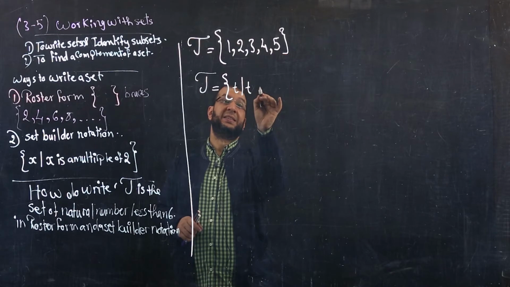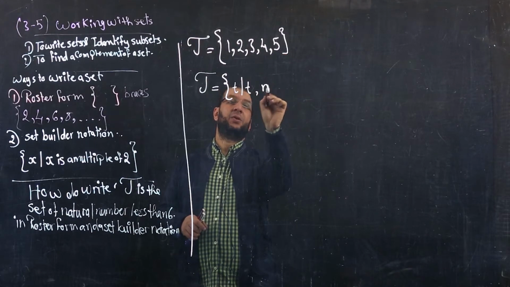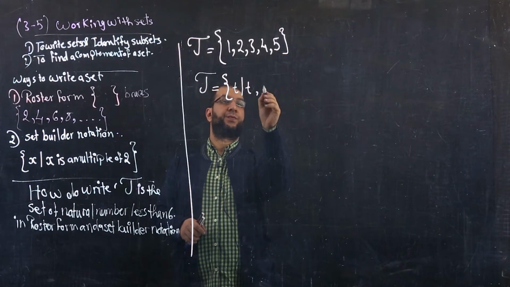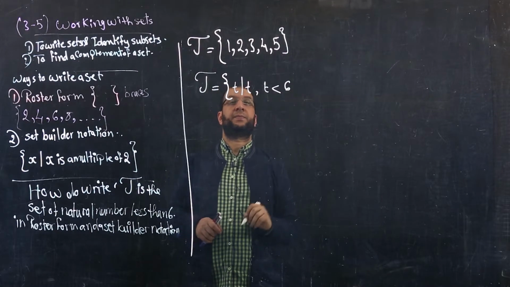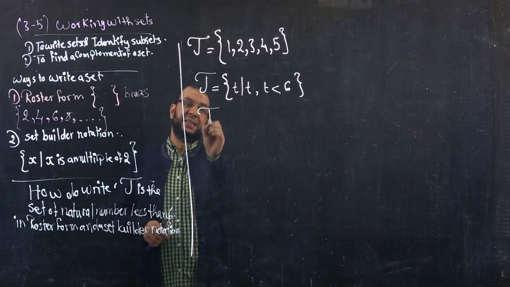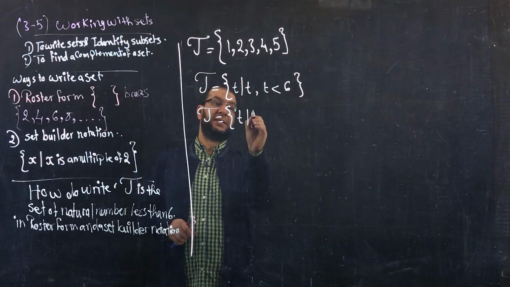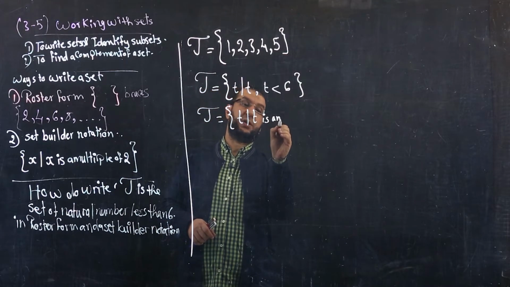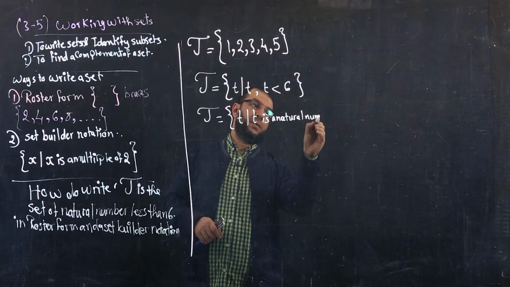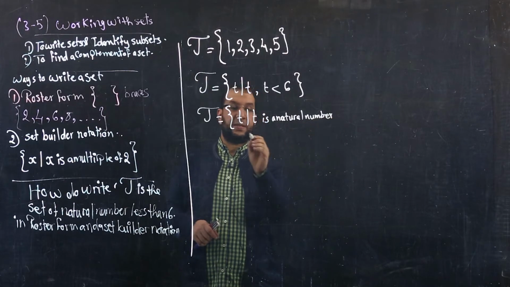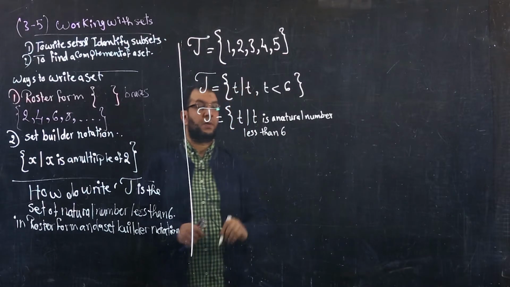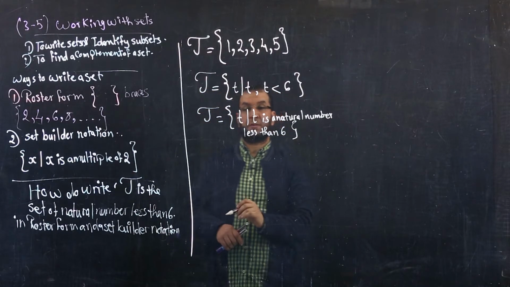We can write t is less than 6, or we can write T is equal to t such that t is a natural number less than 6, and of course we close the brackets.